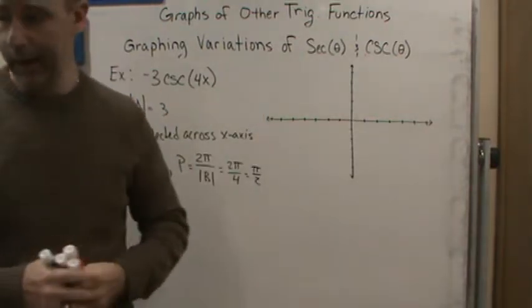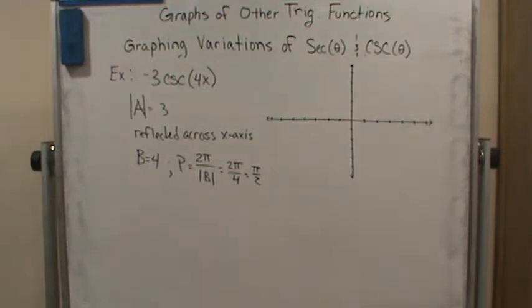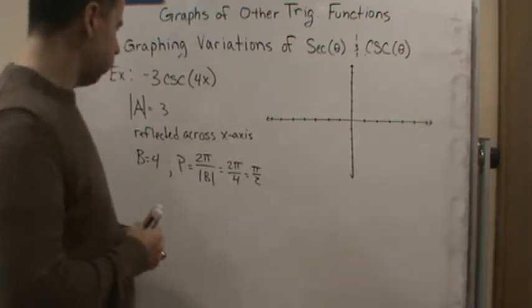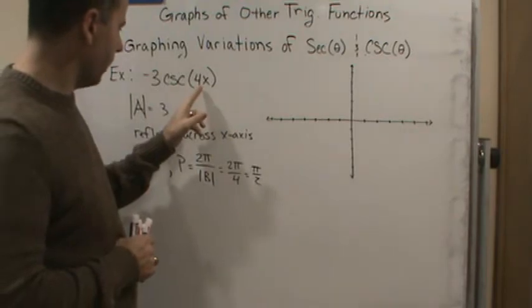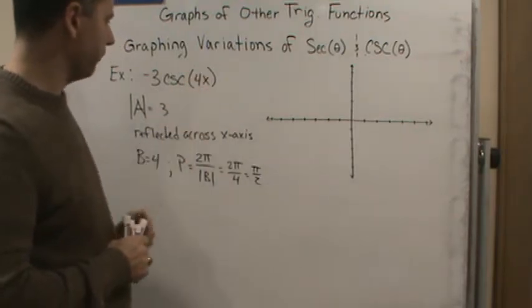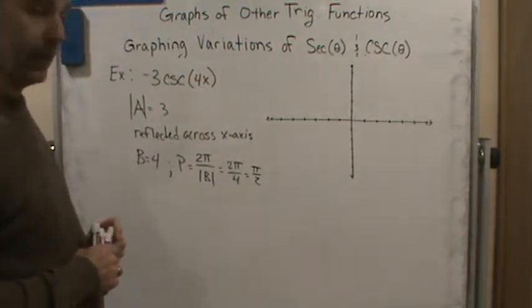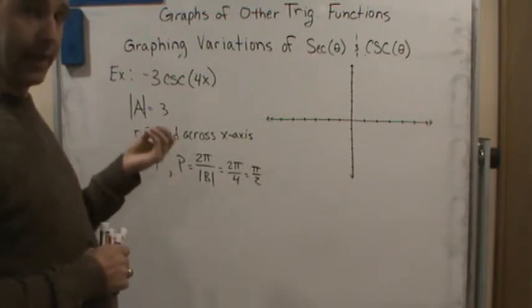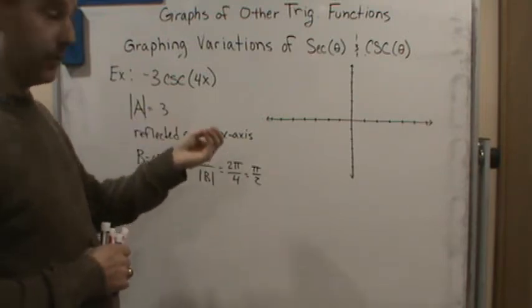So let's put in our asymptotes. Sine is 0 at 0, pi, and so on.